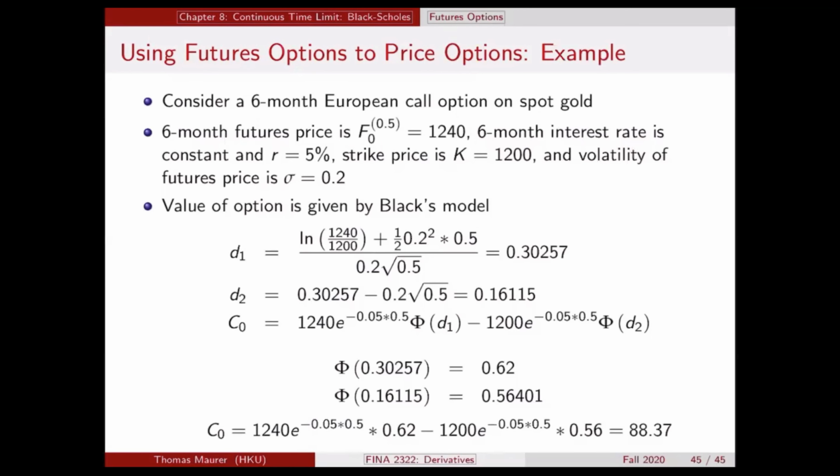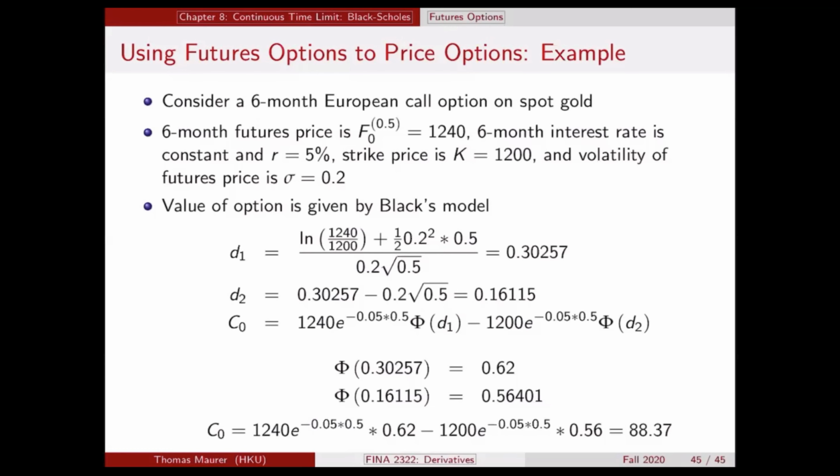The 6-month interest rate is 5%, the strike price, let's suppose, is $1,200, and let's say the volatility of gold is 20%. If you wanted to figure out the call price on a 6-month European call option written on gold itself, we would have to figure out the storage cost for gold and potentially the convenience yield. Because again, the storage cost will be the negative of the dividend yield of that asset.